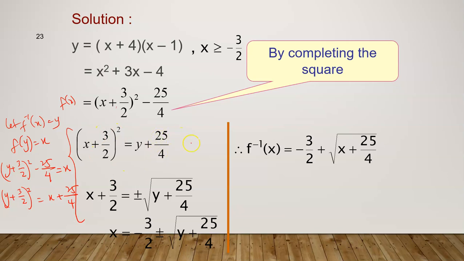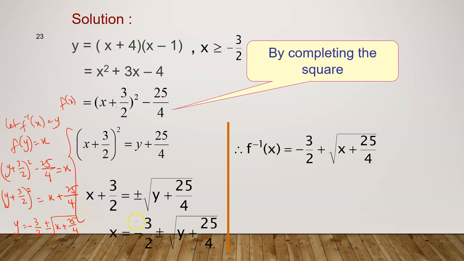If you're confused with this solution, you just follow the one that I write here. All right, and then here you will have y equals to, we put square root both sides, so here will be plus minus square root of x plus 25 over 4, and we bring that 3 over 2 to right hand side, it will become negative like that. Okay, so now this is your f inverse.